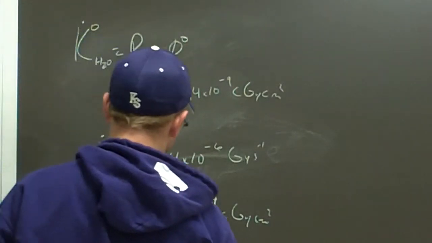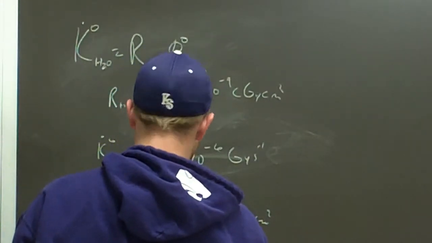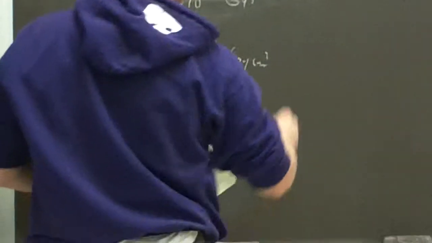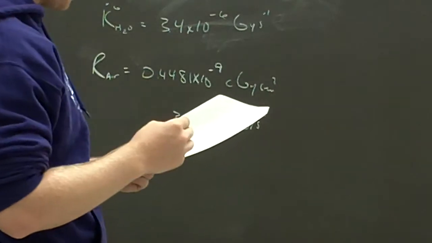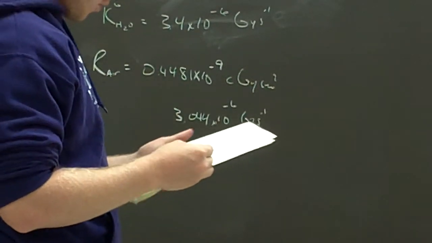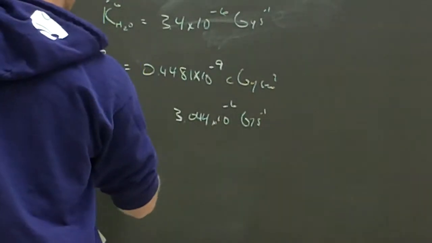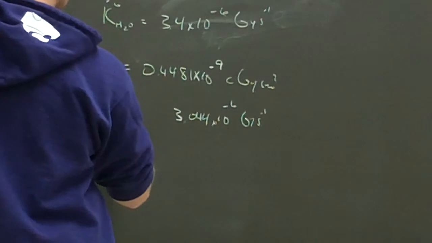That's 3.044 times 10 to the negative 6 gray per second. Same thing for the exposure rate.